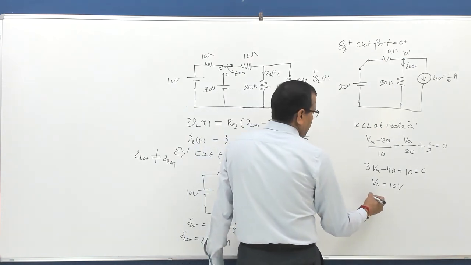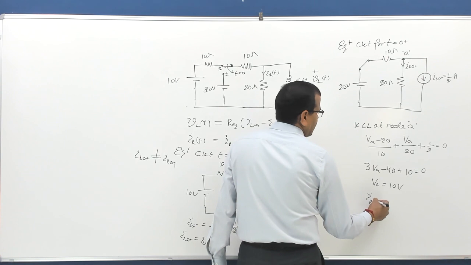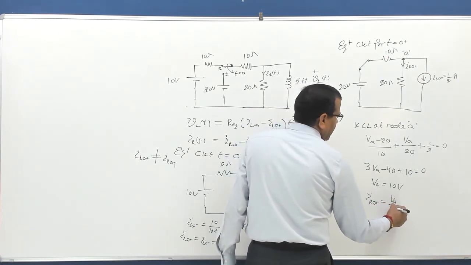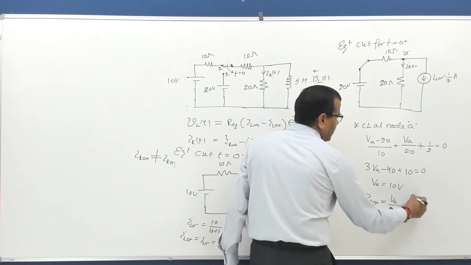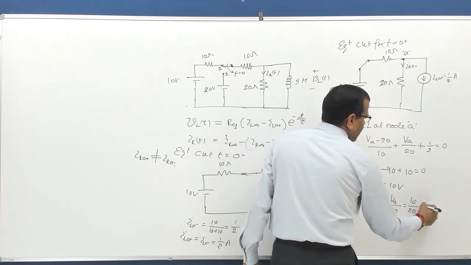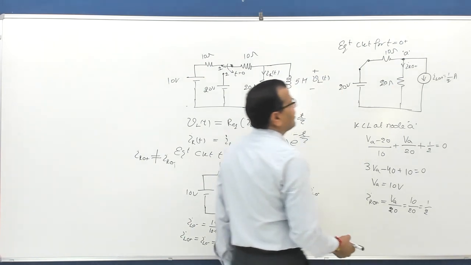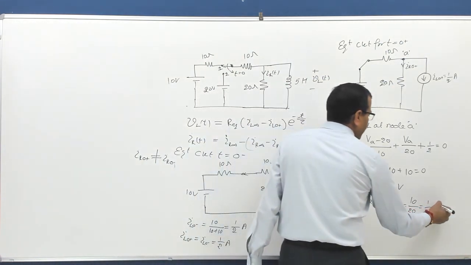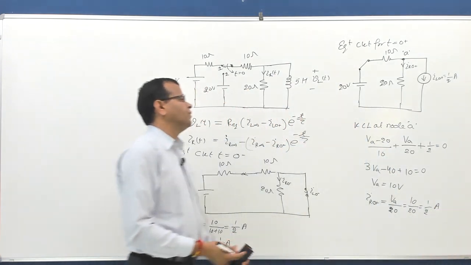So now current IR 0 plus will be equal to VA by 20, and that is nothing but 10 by 20, and that is also half ampere, 1 by 2 ampere.